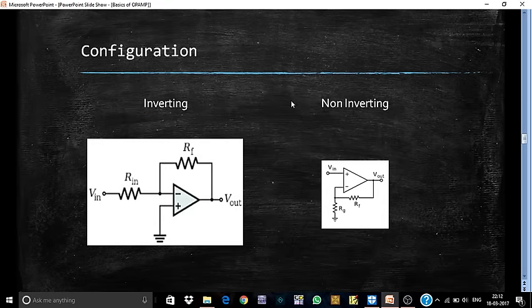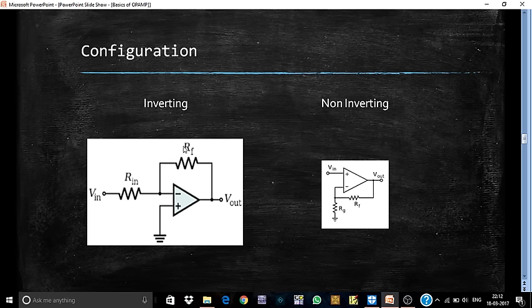And these are the two configurations of op-amp. Entire op-amp circuits depend only on two configurations: one is inverting, one is non-inverting. In the inverting configuration, we give input to the inverting terminal, and RF is the feedback resistance.